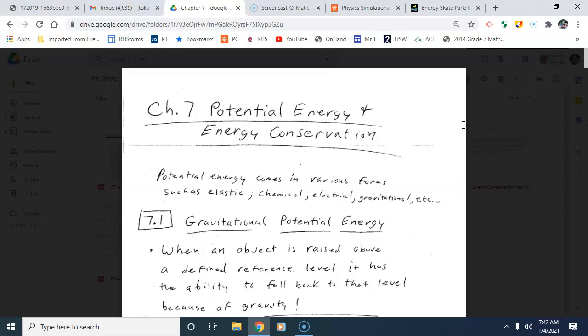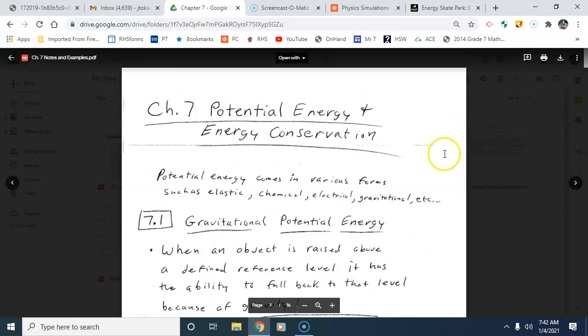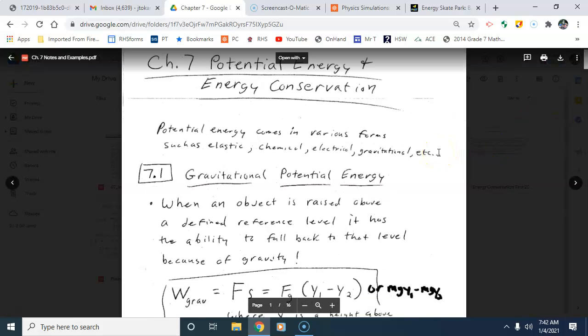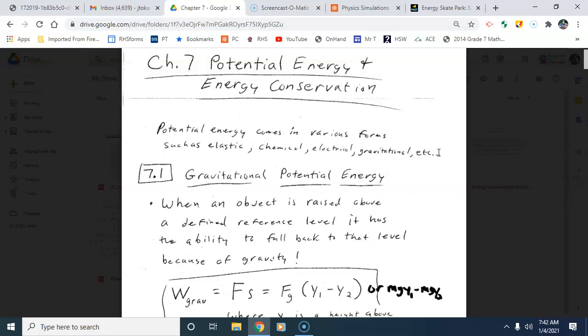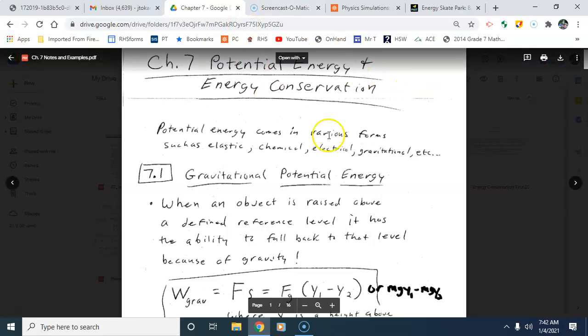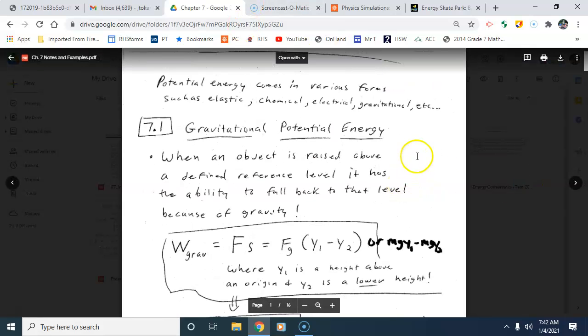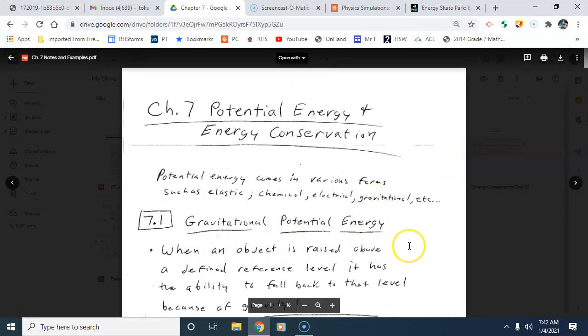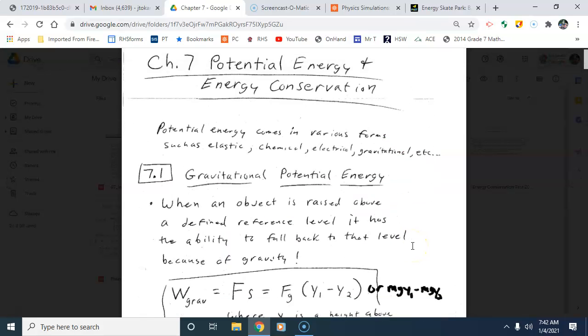But potential energy in general is stored energy. All right, if we consider it potential, somehow it's stored and it has the ability to be released in some fashion.